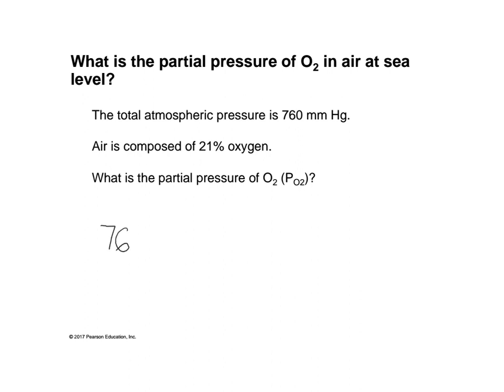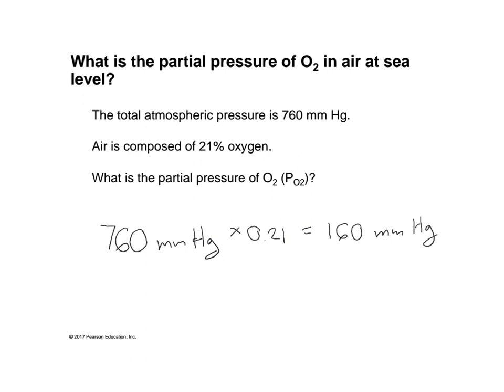So we have 760 millimeters of mercury. That's our total pressure. Now we know that air makes up 0.21 of this, so we write that out, 0.21. So we simply multiply those two together and we'll get 160 millimeters of mercury as our answer.